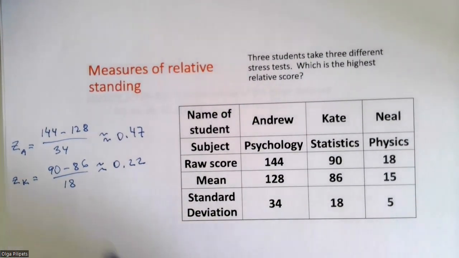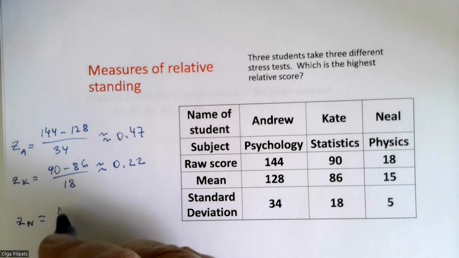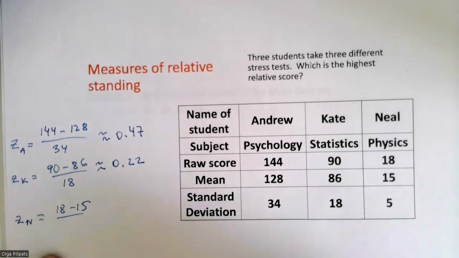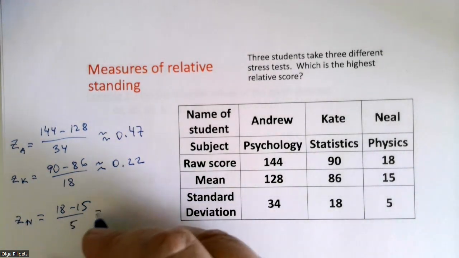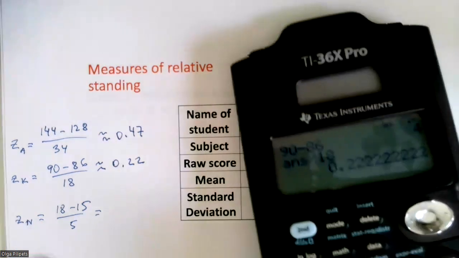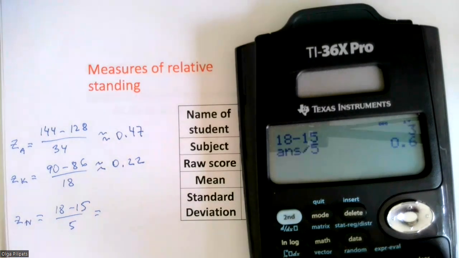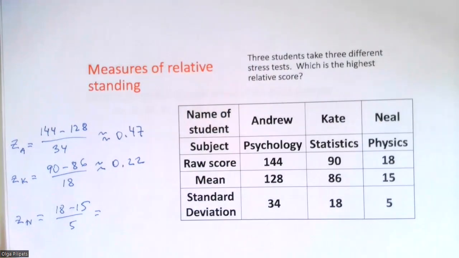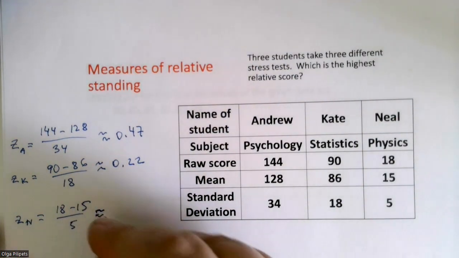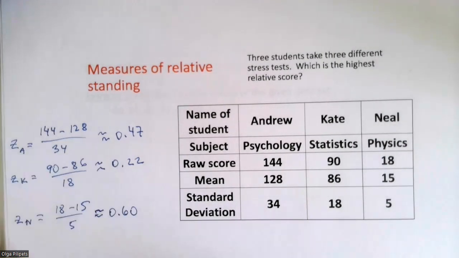And now let's figure out the z-score for Neil's exam score. His exam score is 18, the average was 15, so that's 3 points over, divided by the standard deviation. Neil's z-score was 0.6. Rounded to 2 decimals, that's 0.60.